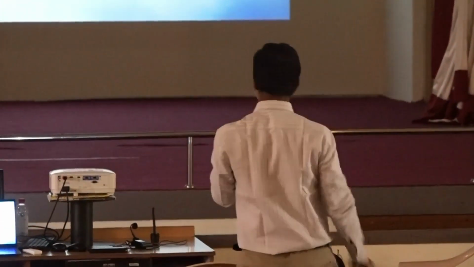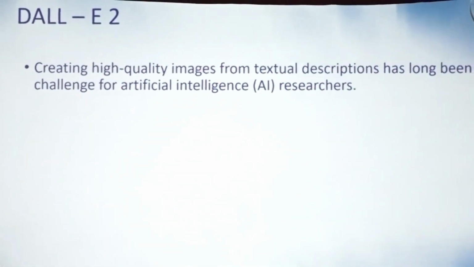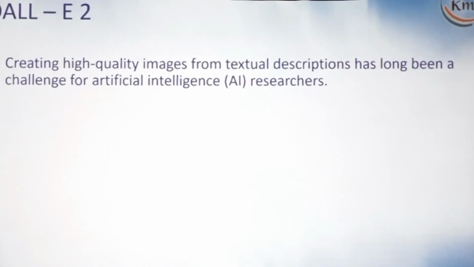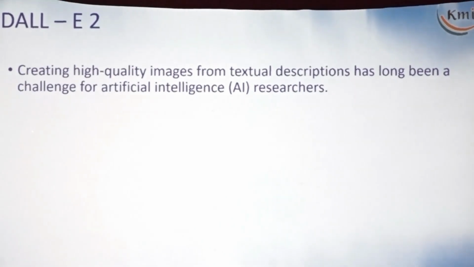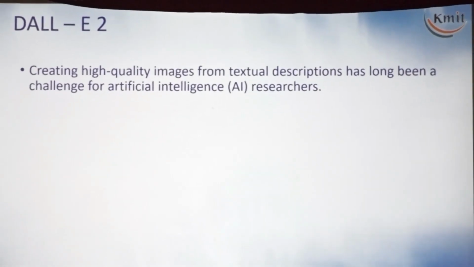Two is the version. What is the difference? There is a small difference between Dall-E and Dall-E 2. Let us go through what the Dall-E concept actually is. Creating high quality images from textual descriptions, and how we can do that, is a challenging task in AI.